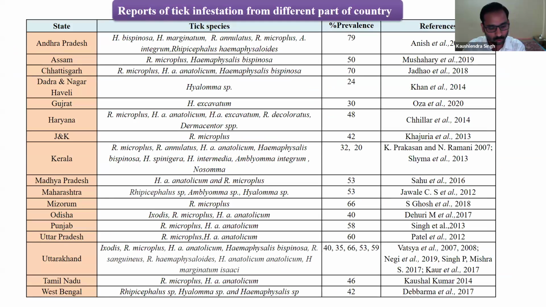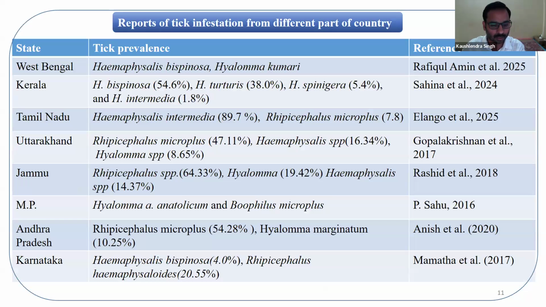If you talk about the reports in India, tick infestations are more frequently reported in large animals due to a greater research focus, more severe symptoms, and better surveillance. These are the reports from different parts of India in large ruminants.